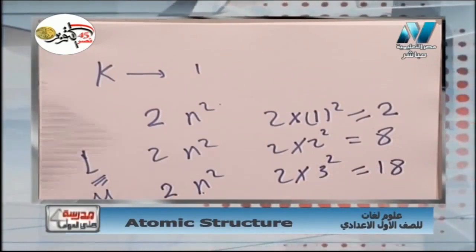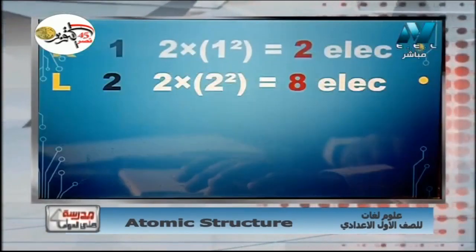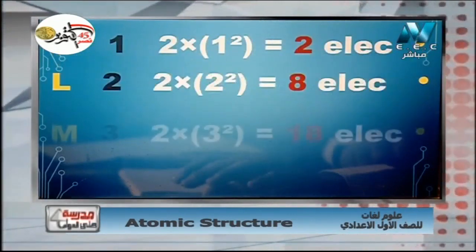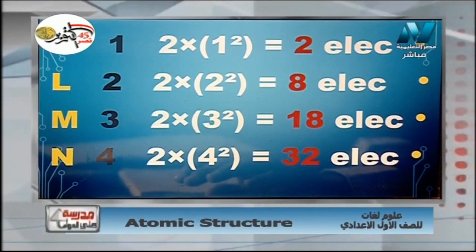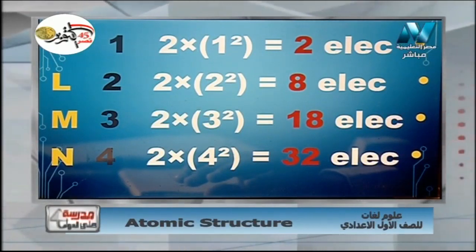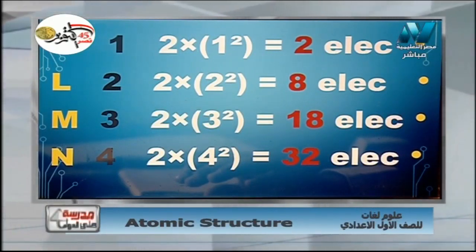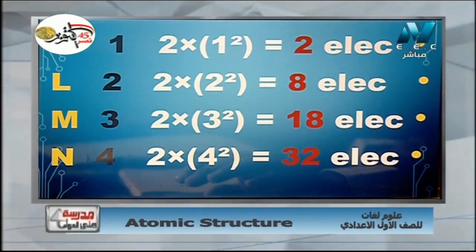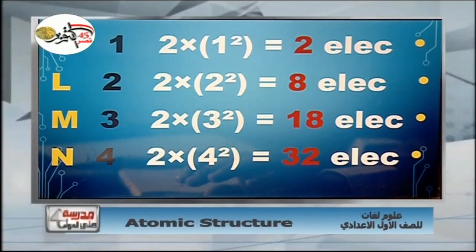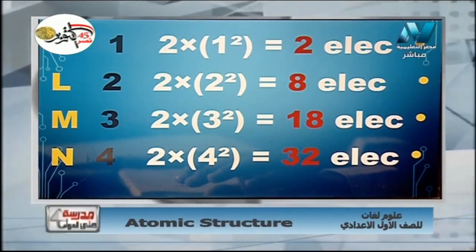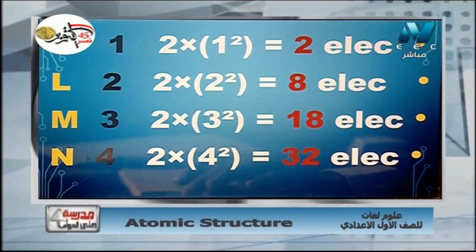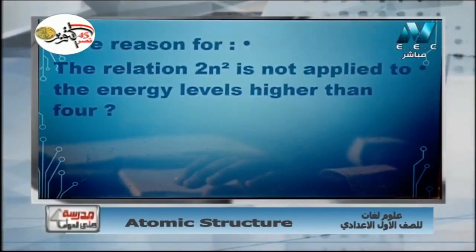As you see, my dear student, K, number 1, 2 by 1 power 2, it will be 2 electrons. L, number 2, controlled by 2n squared, 2 by 2 squared, it will be 8. Number 3 is M, 2 by 3 squared, equals 18, and number 4 can carry 32.